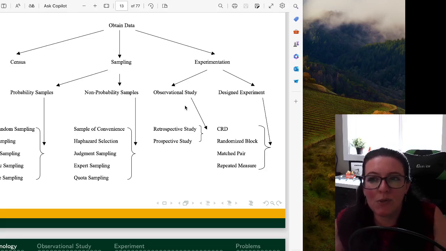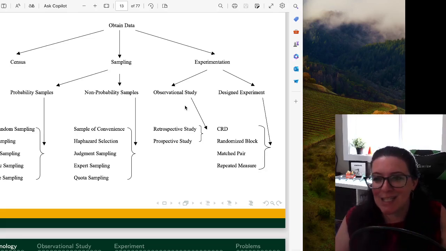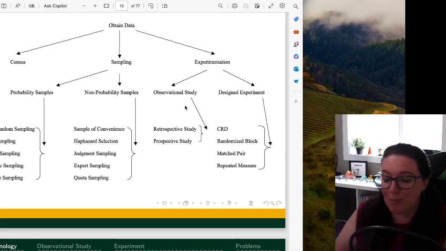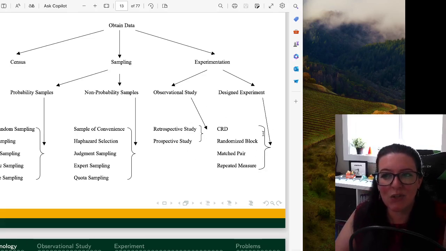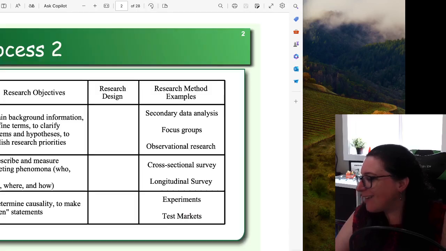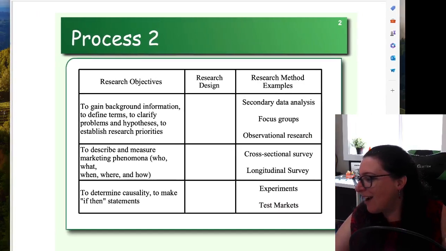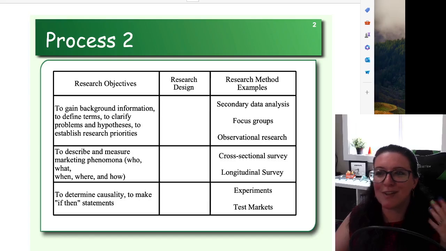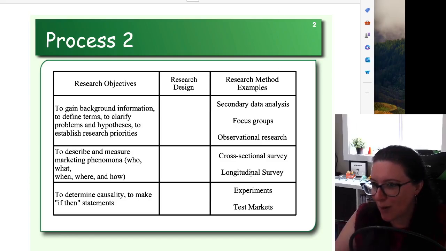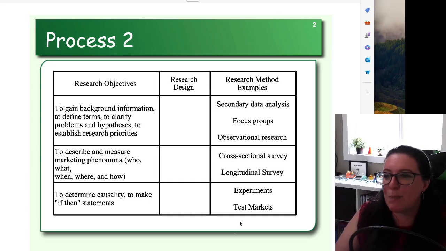But in our next videos, we're going to focus on designing experiments and some of the methods for that, since we didn't cover that in our previous research design. And as we start to get to some of our statistical analysis, we want to be able to analyze experiments. So we want to make sure we have covered all of our different research methods. So we're going to address the one that's been missing, which is the experimentation.